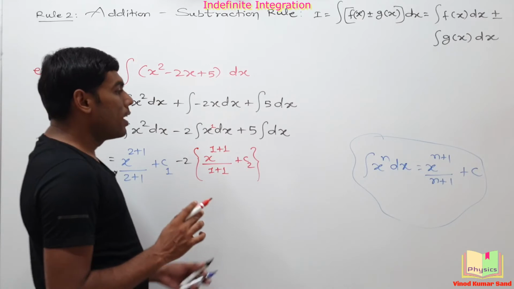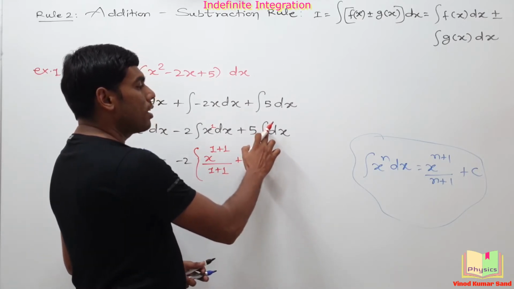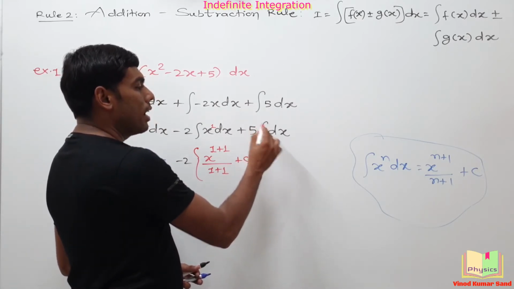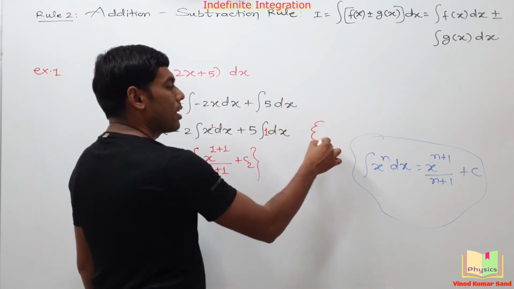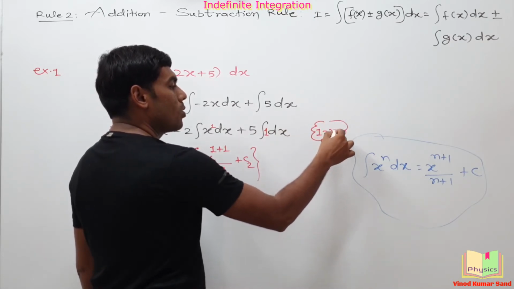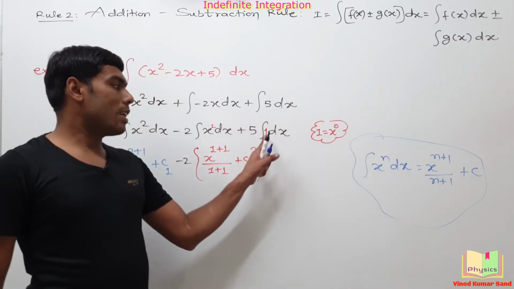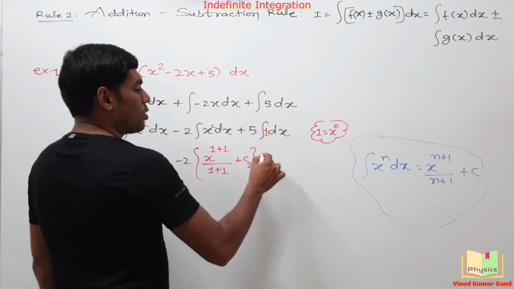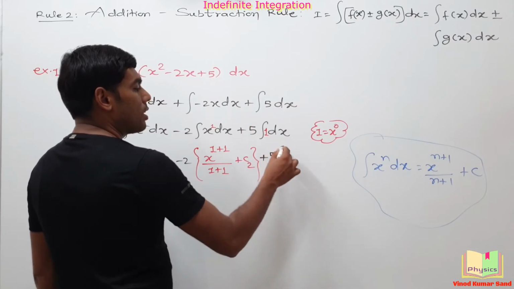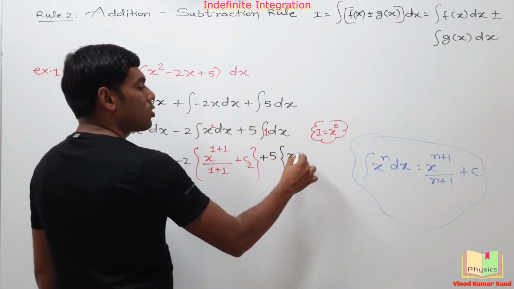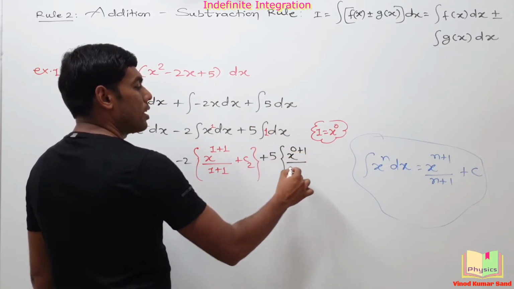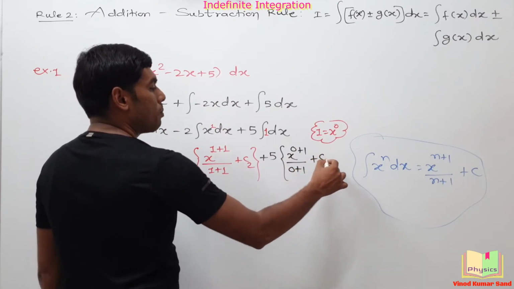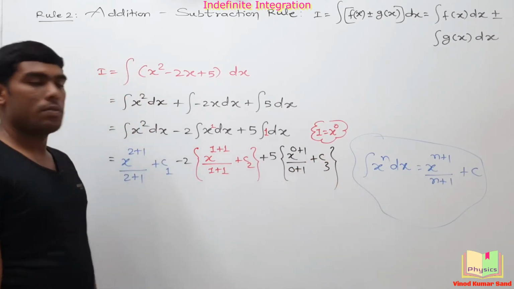Fine. And here you can think of 1, and that 1 can be written as x to power 0. So basically here you have to integrate x to power 0. So simplifying this integration here, it will be x to power 0 plus 1 divided by 0 plus 1 plus some constant c3.